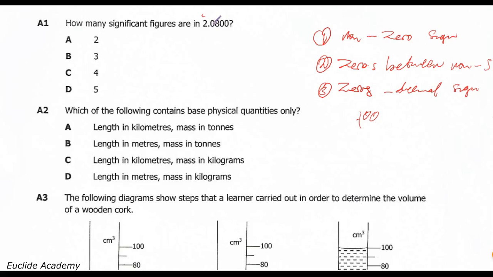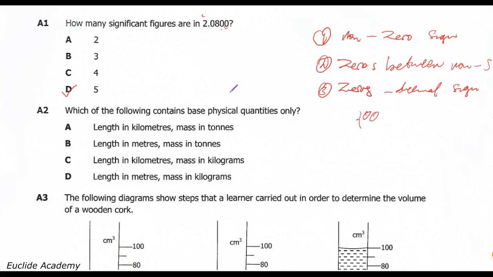And 8 here is also significant, and trailing zeros after the decimal point are also significant. So these two are also significant. So the zeros after the decimal point are all significant. So 1, 2, 3, 4, and 5. So here we have 5 significant figures in this number.